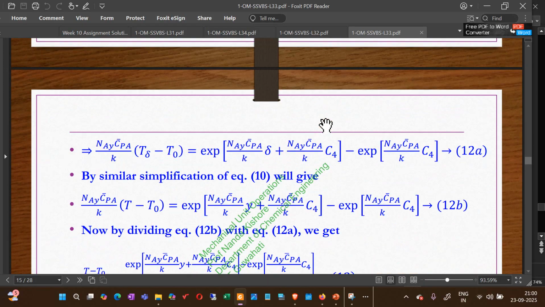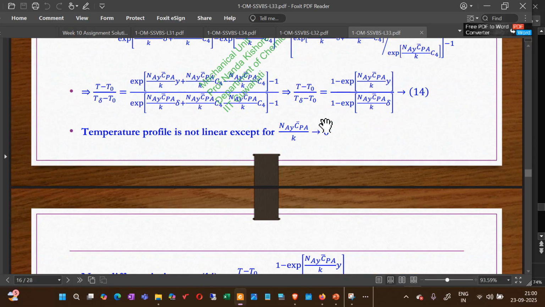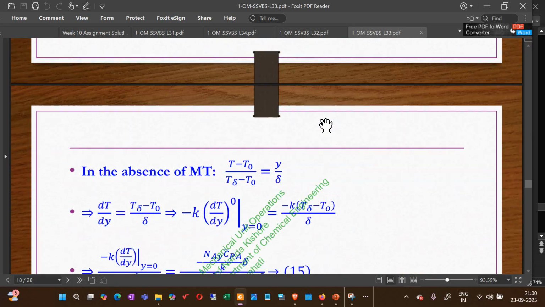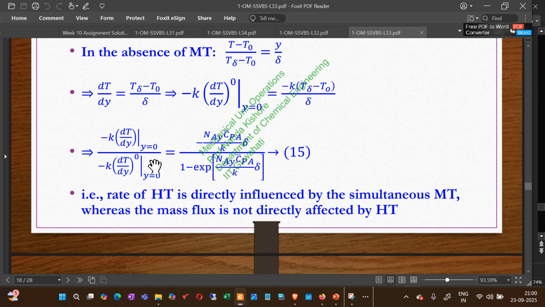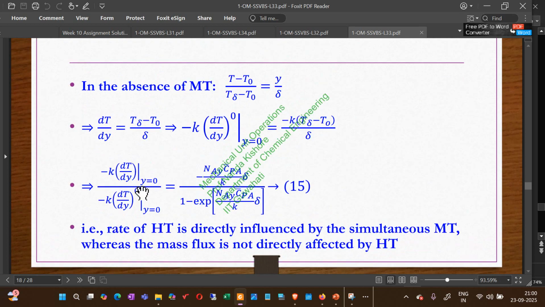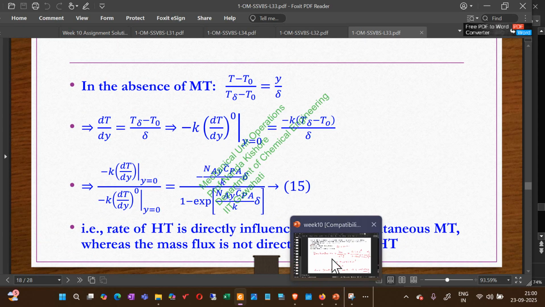So you see that all the lectures are connected. Wherever you have missed, you have to go and revisit this. This was the case about the question that we have solved.